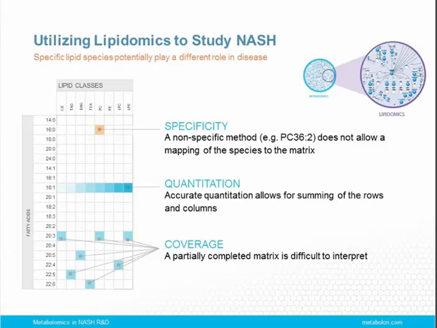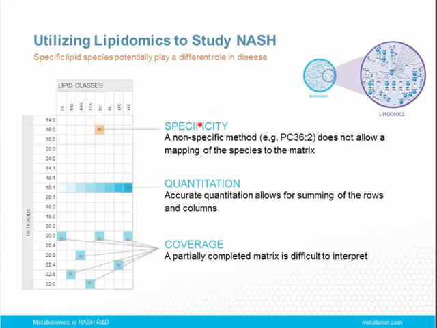The matrix outlined here identifies lipid classes across the top and the fatty acid species vertically. And by being able to visualize the complex lipidome in this way, we can easily identify patterns.